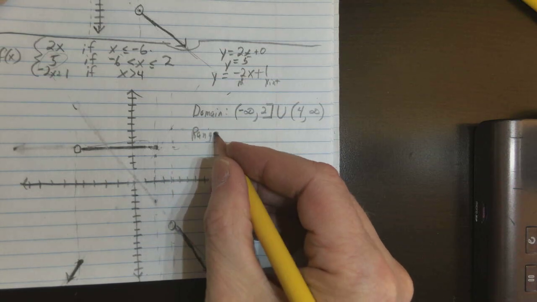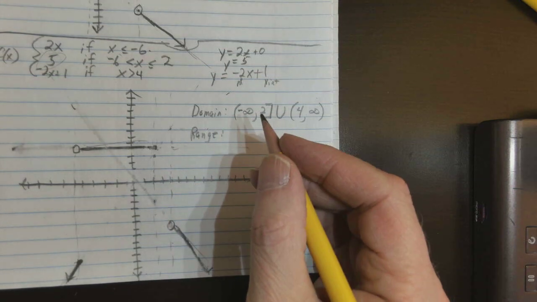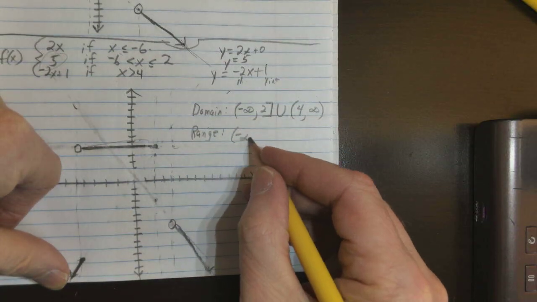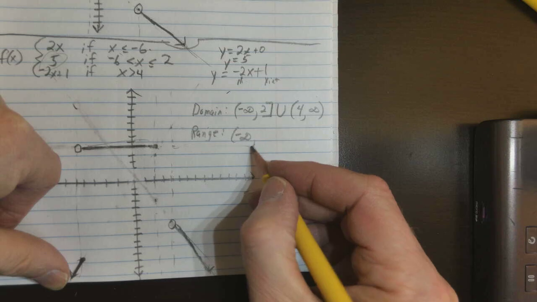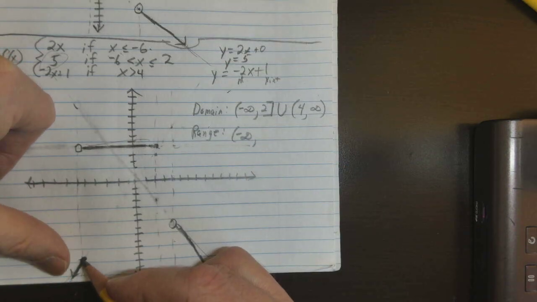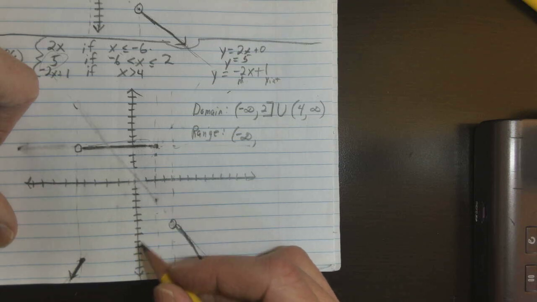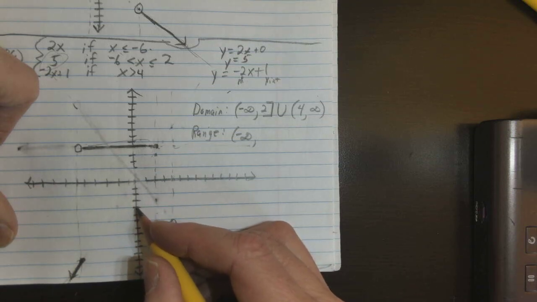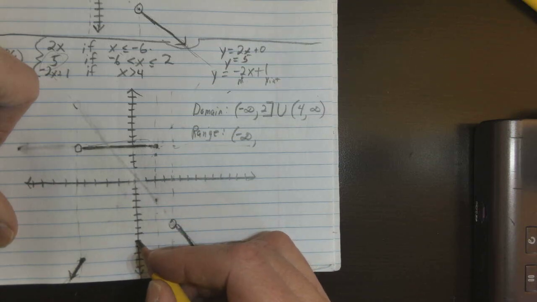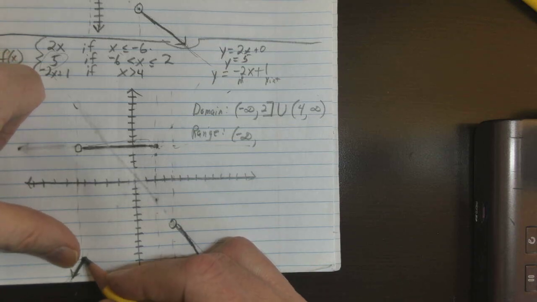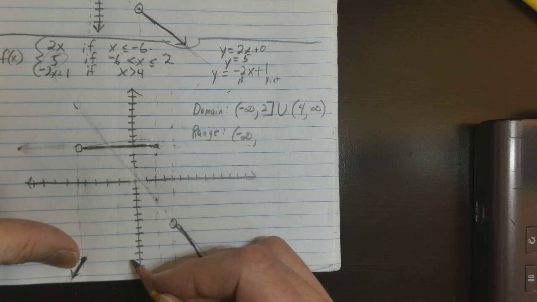Now my range, it goes down to negative infinity, comes up to, what is that? 1, 2, 3, 4, 5, 6, 7, 8, 9, 10, 11. So it looks like about negative 11 there.